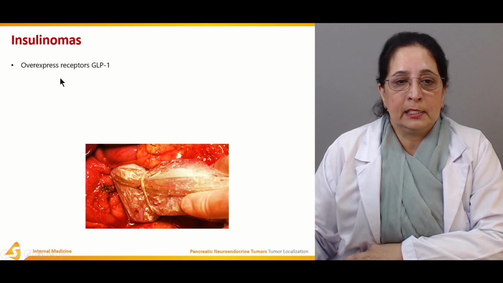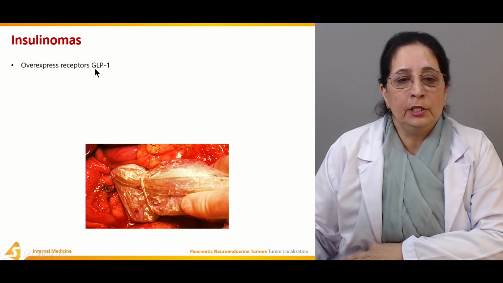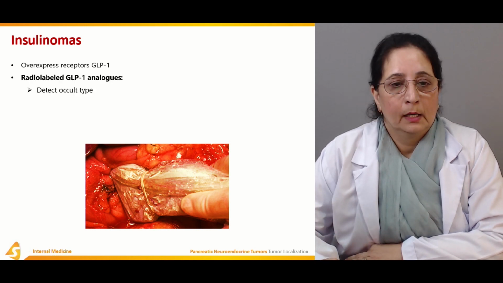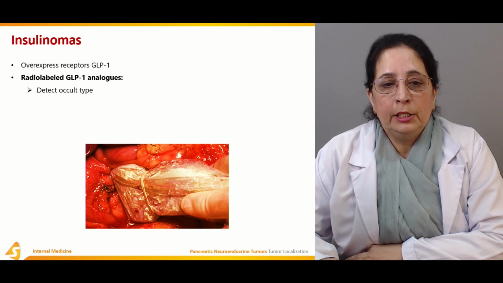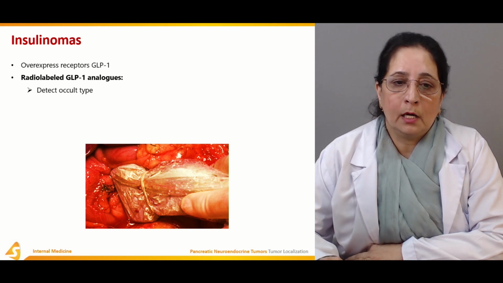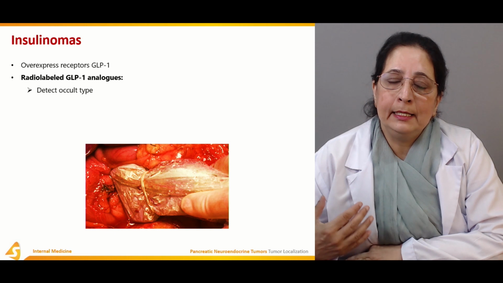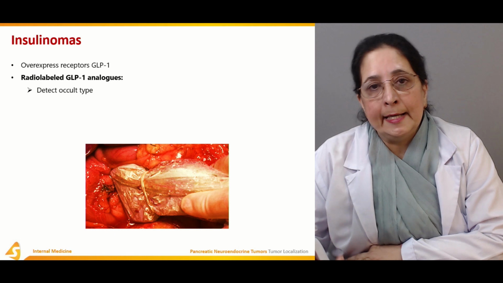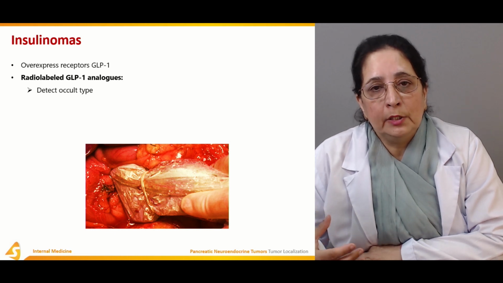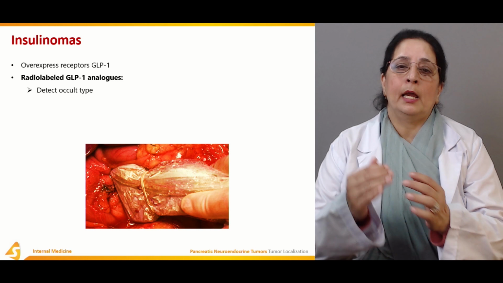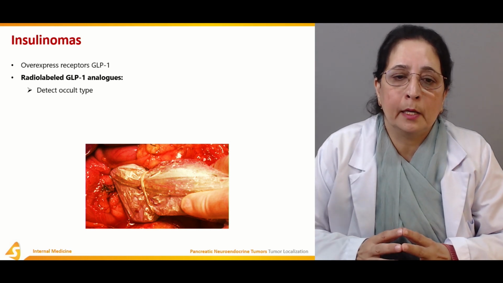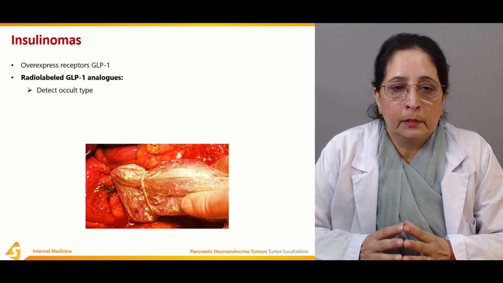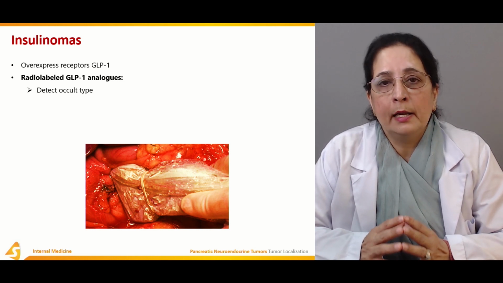Insulinomas overexpress GLP type 1 receptors, and radiolabeled GLP-1 analogs are used to detect the occult type of insulinomas. Occult is hidden, not visible to the naked eye. So if occult insulinomas are present, we can use GLP-1 analogs.